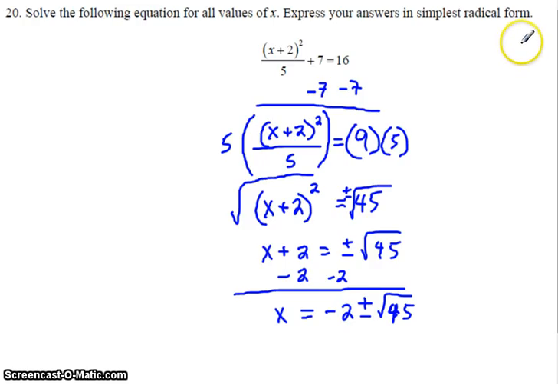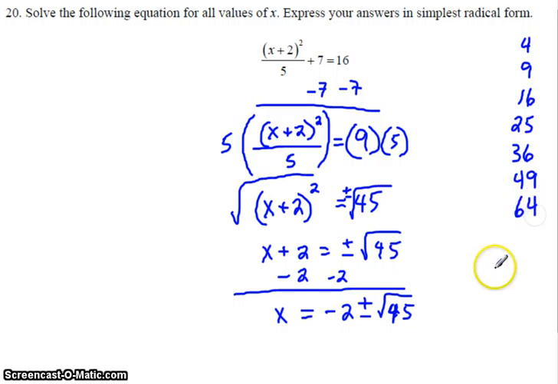So again, I'm going to put my perfect squares in the upper right corner, or you could reuse the ones you already did. 36, 7 squared is 49, 8 squared is 64, and I guess that's more than good. So we want to find the largest perfect square that divides into 45. Can't be 64, 49, those are too big. 36 is no good, 25 is no good, 16 is no good, but 9 is. 9 times 5 is 45.